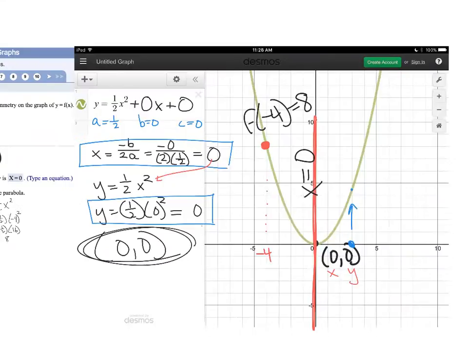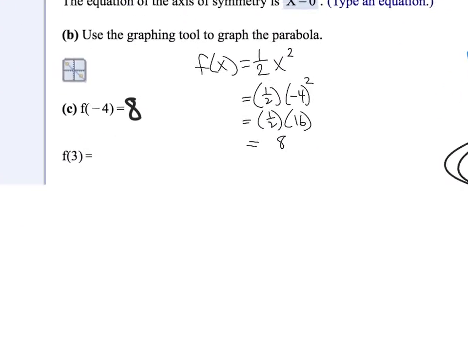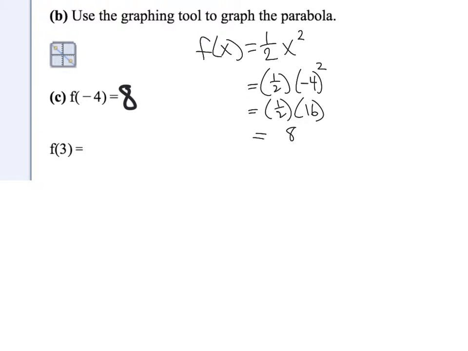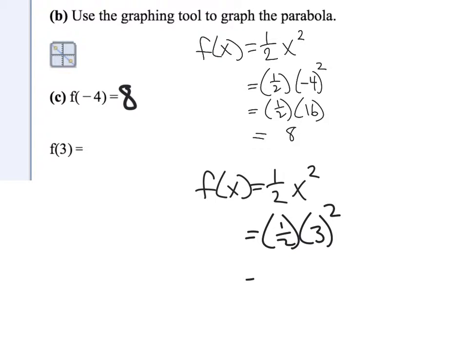So what we're going to do is we're going to take our function, which is f of x is equal to 1/2 x squared, and we're going to take our 3 and put it in for x. So that becomes 1/2 times 3 squared, which is 1/2 times 9, which equals 9/2.